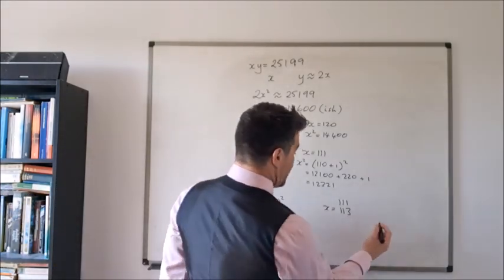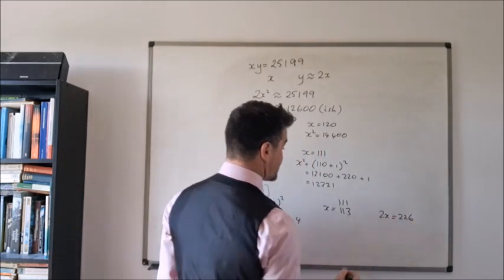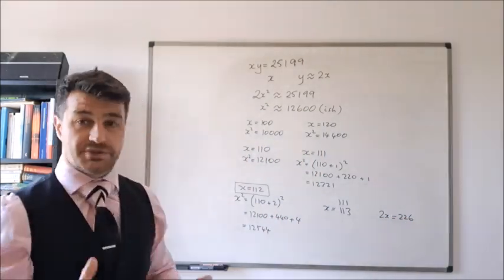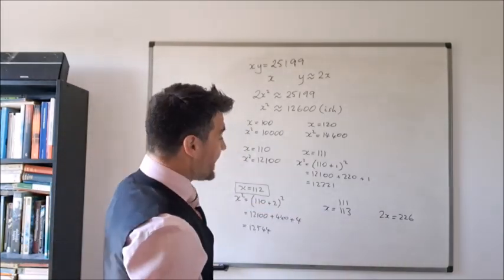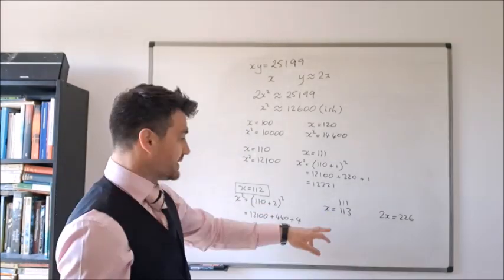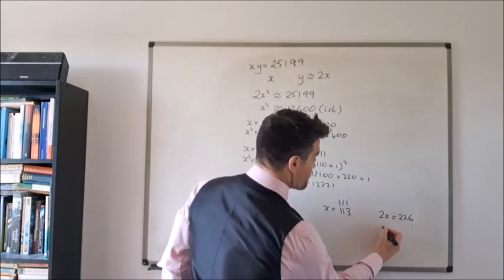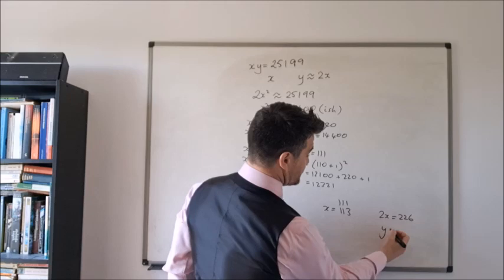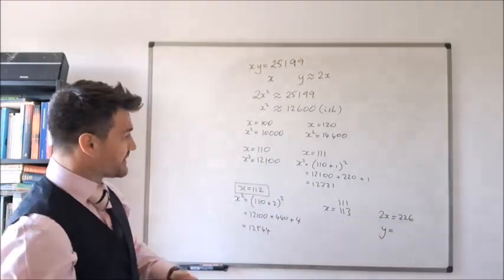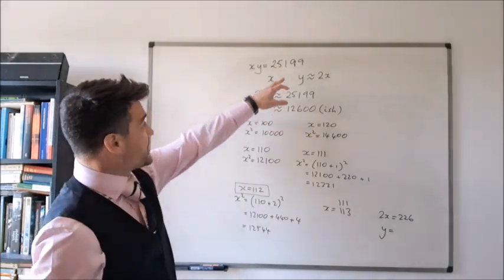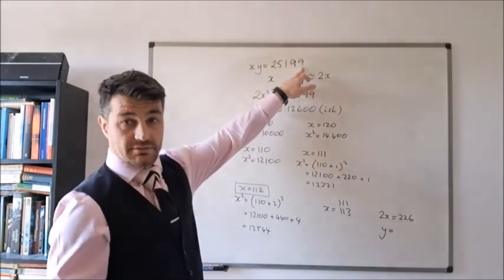So, okay, what about the value of y? Well, twice x is 226. Again, 226 is not a prime number. But remember that y only has to be approximately twice x. So we need y to be around 226. And now we turn our attention to the fact that the terminal digit of our product, x times y, must be 9.